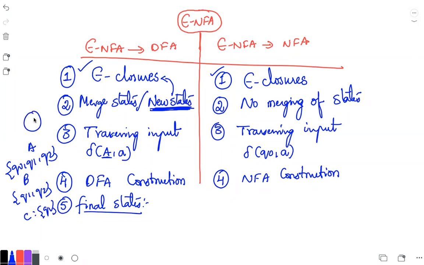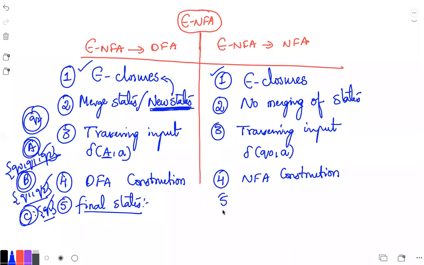In the original NFA, Q2 is the final state. So in Epsilon-NFA to DFA conversion, as we are merging the states of the epsilon closure, whenever there is a final state, all the states containing that final state are treated as final states. So in the previous example, A is a final state, B is a final state, C is a final state.